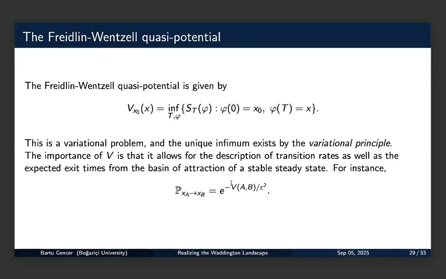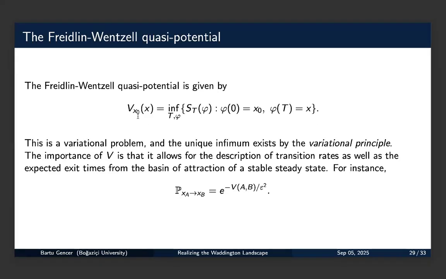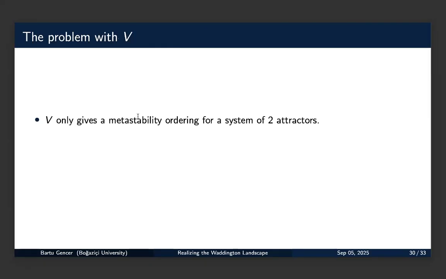However, there is a problem here because V is only given with respect to a single attractor in the system. Therefore, it only provides a metastability ordering for a system of 2 attractors. Even if we just have 3 attractors, this fails to give a sense of metastable ordering globally in the system.